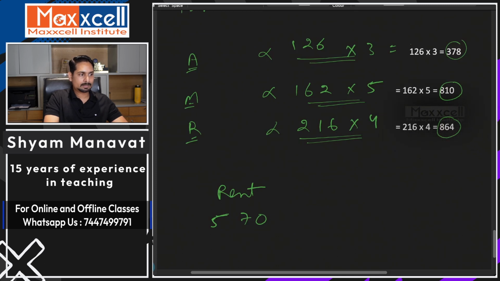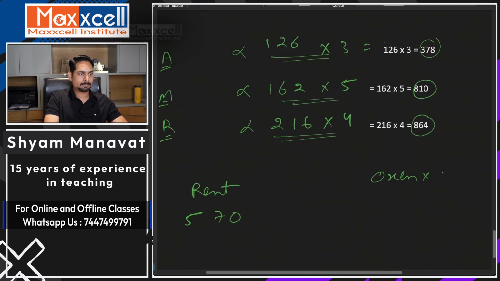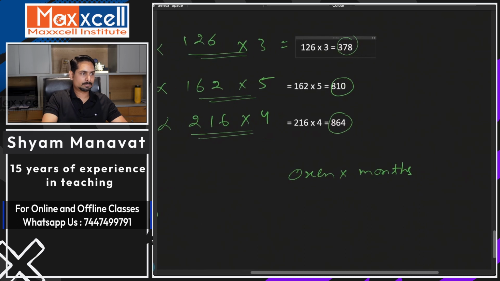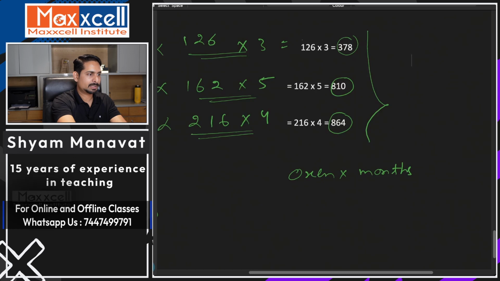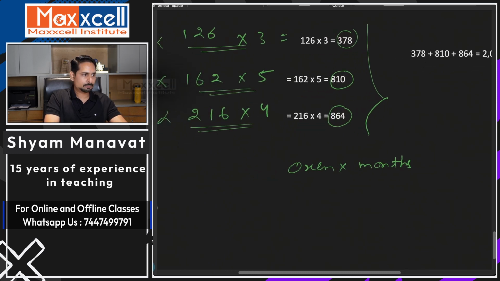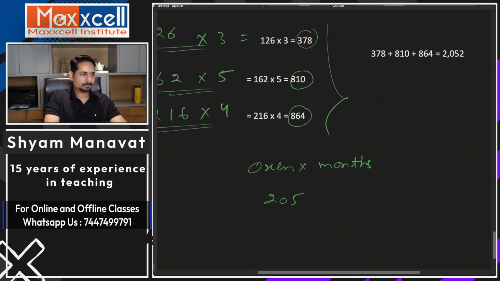For the total of oxen into time, that means the total of all of this: 378 plus 810 plus 864, that is 2052.